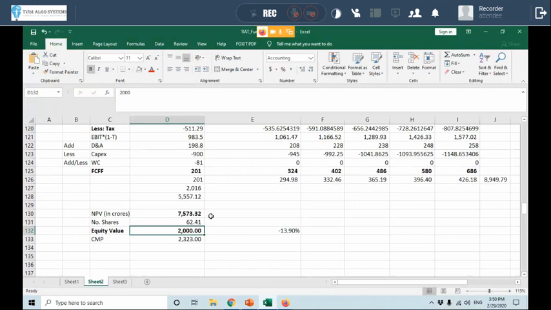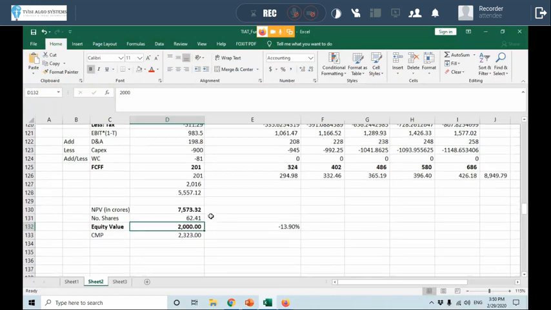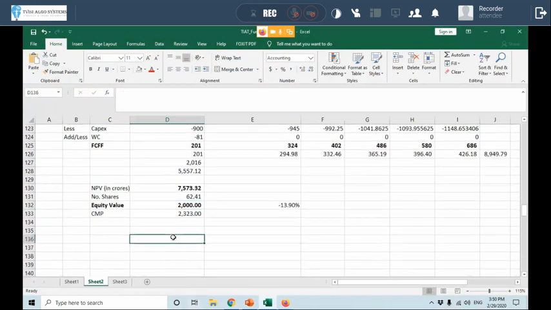My EBITDA per share was 27 rupees, so 27 into 40 times multiple, I will wait for 1080. Just an example, but this is how you do comparison.